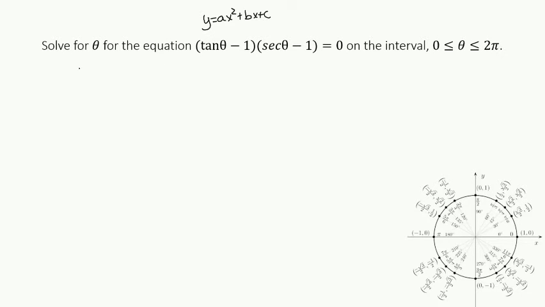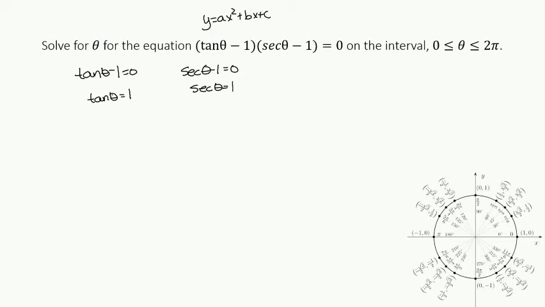So all we have to do is set tangent of theta minus 1 equals 0, and secant of theta minus 1 equals 0. Then this will give us tangent of theta equals 1 and secant of theta equals 1.